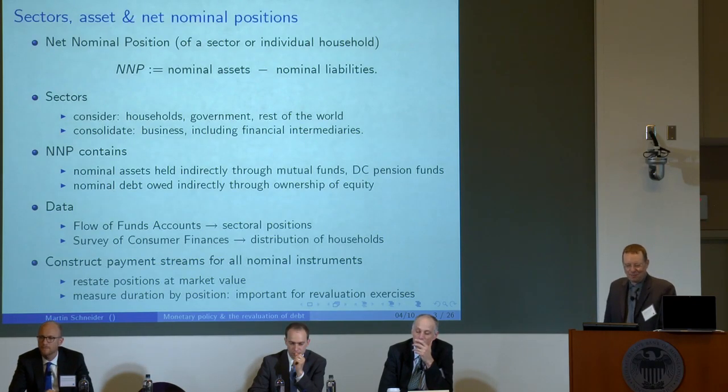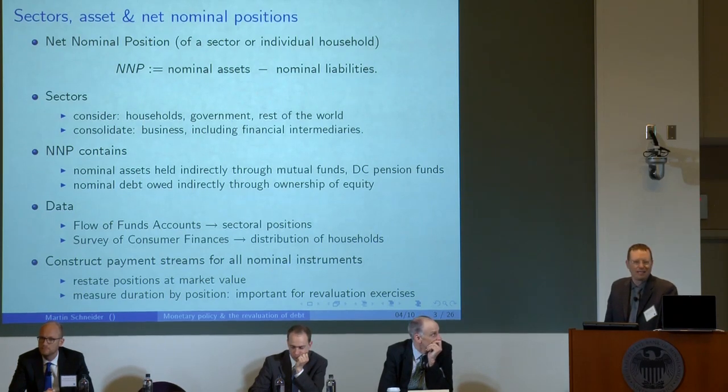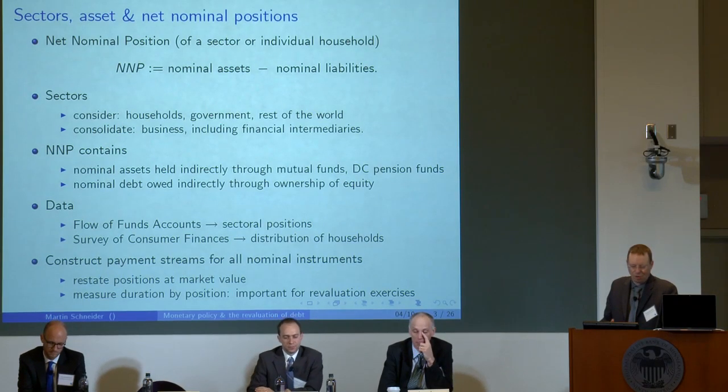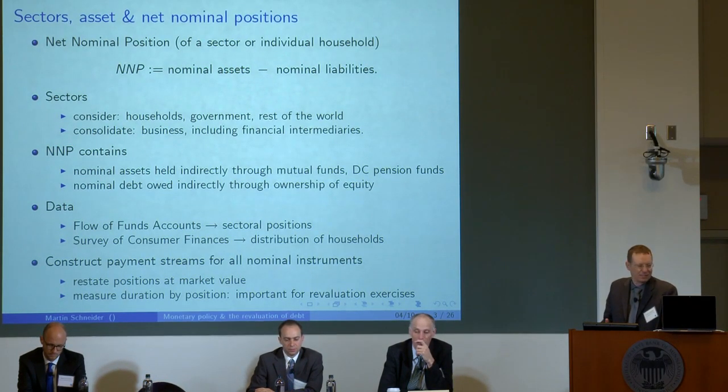Okay, so measurement. We like to determine the net nominal position of sectors or individual households. By that we mean the difference between nominal assets and nominal liabilities. The sectors we'll consider here are households, the government, and the rest of the world. This means we're going to consolidate sectors that are owned by these, in particular businesses and financial intermediaries.